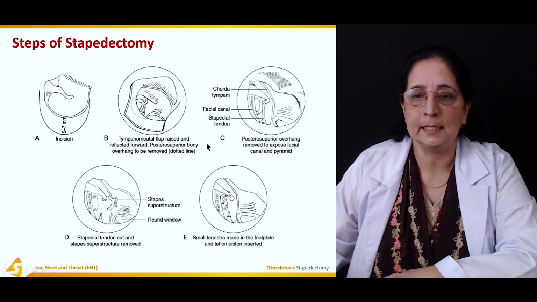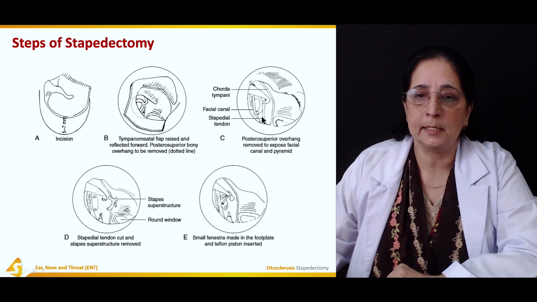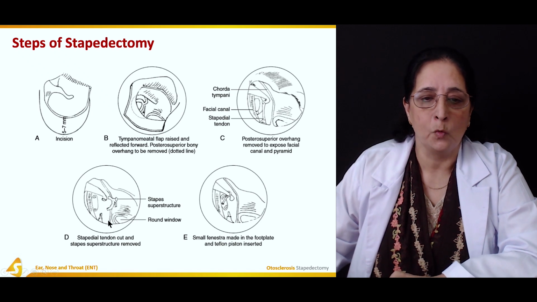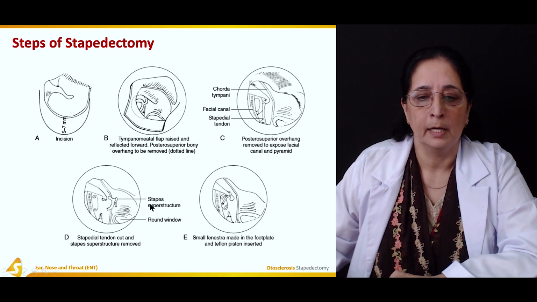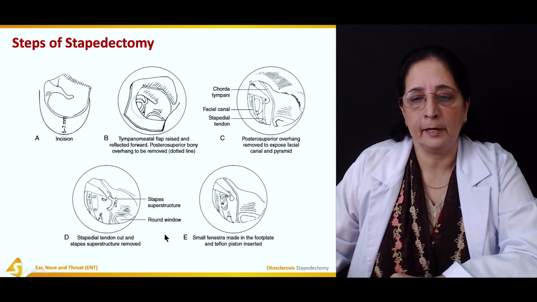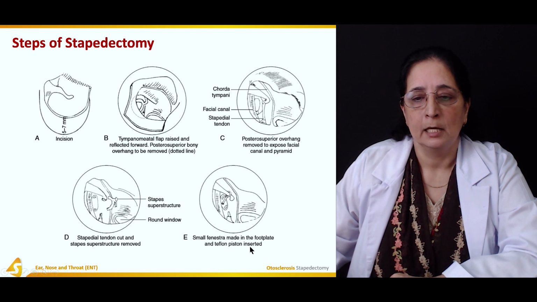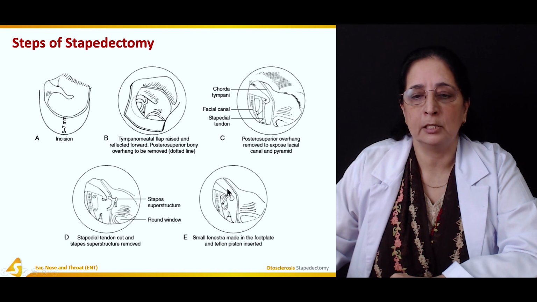This is the tendon that's holding the stapes. Once it is cut, then the stapes is removed. This is the round window, and then a small fenestration is made in the footplate and a Teflon piston inserted.